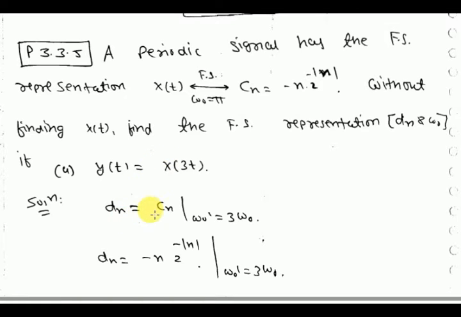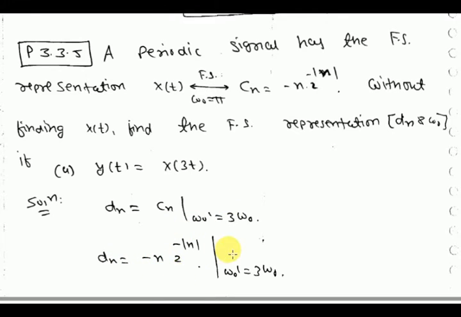In time scaling, the Fourier series coefficients remain the same, as we discussed in the last lecture. Only the fundamental frequency and time period change. So omega naught becomes 3 omega naught and dn will be the same as Cn.